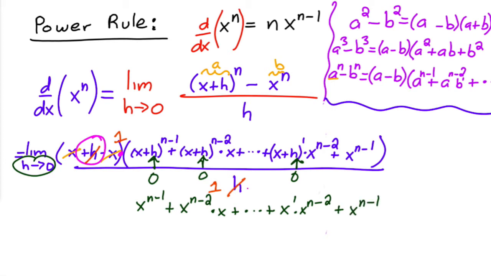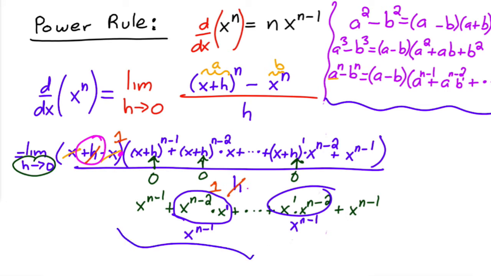Well, take a look at each one of these. This one, for example, when you multiply these two together, this has an exponent of 1. You add the exponents. This would give you x to the n minus 1. So all of these, this one as well, is an x to the n minus 1.